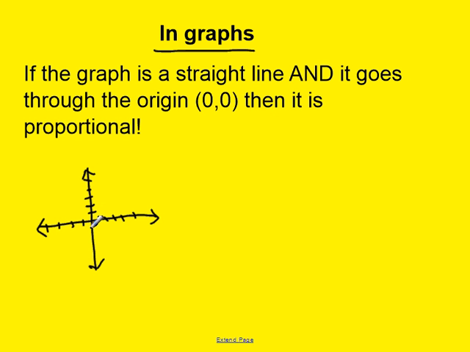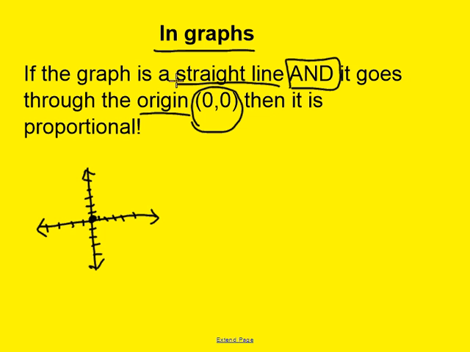So if we have a graph that is a straight line, so we can't have any curvy lines, that won't do. If it has a straight line and it goes through the origin. Origin might be a fairly new vocabulary word for you, but it's just the point 0, 0. That's just right in the center of your XY axis.